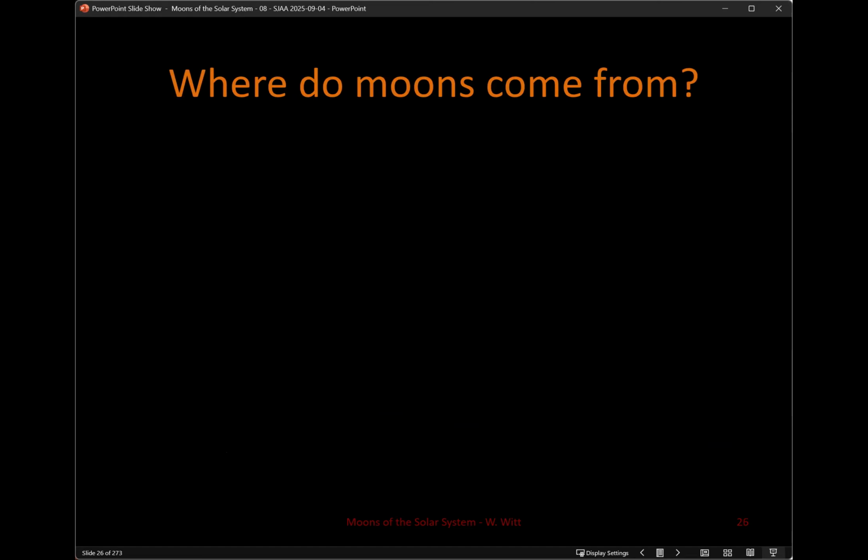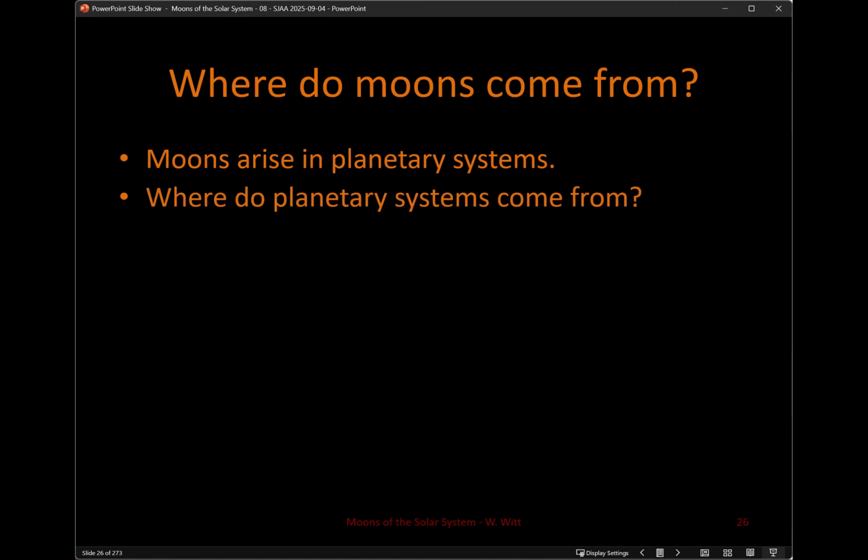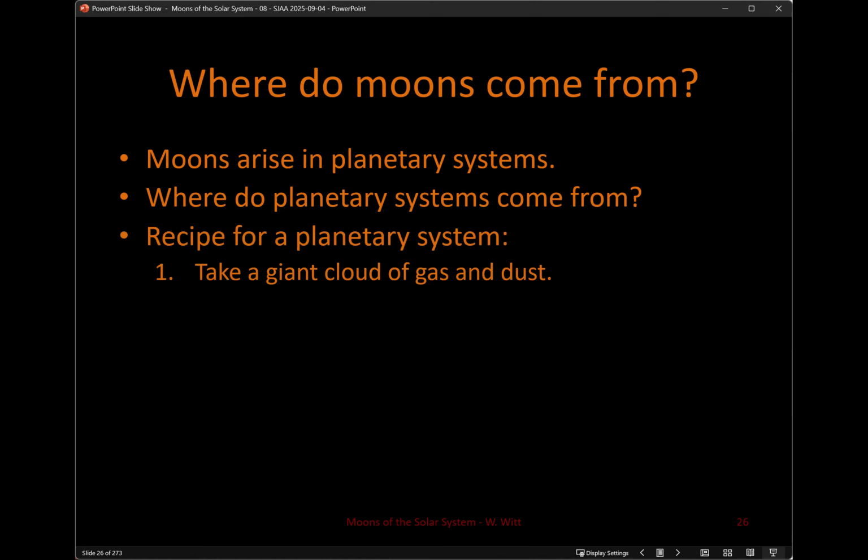And now, where do moons come from, right? How did our moon get here? How do other moons get around their planets? And there are multiple ways moons arise in planetary systems. And to answer how that works, we should first ask, well, where do planetary systems come from? So a recipe for a planetary system is to take a giant cloud of gas and dust, and we let the cloud collapse into a disk, and we could have a separate conversation about why it's actually a disk.